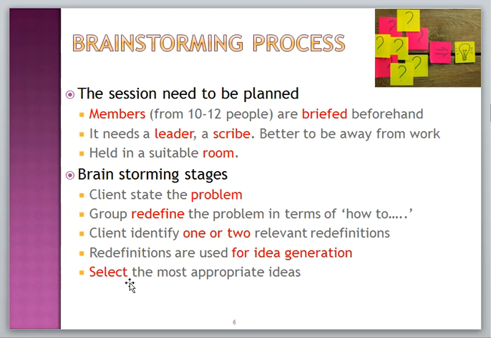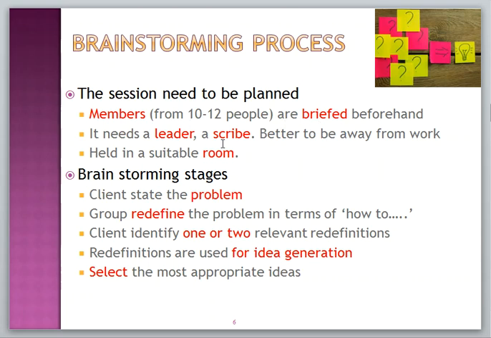The process of brainstorming, I mean how such a technique is organized when we use it. The session needs to be planned beforehand. Usually we have members, according to the text, from 10 to 12, but it may be used by 8 or 7 from my experience. They have to be briefed in the beginning.